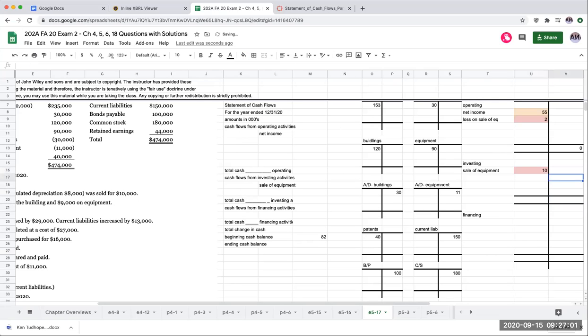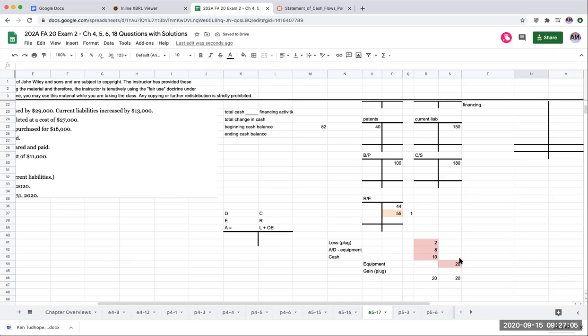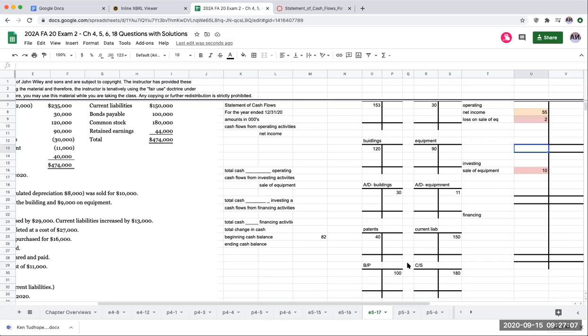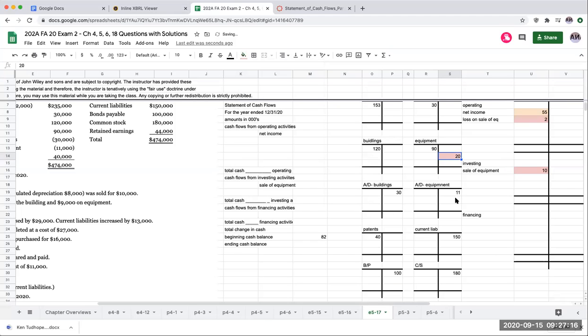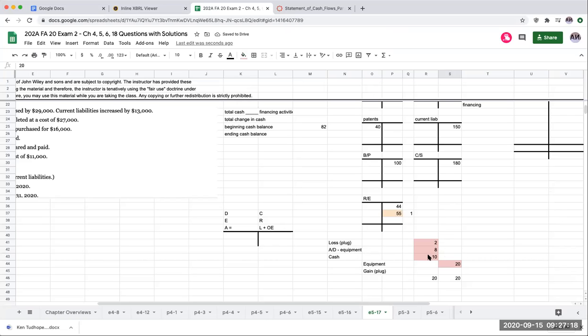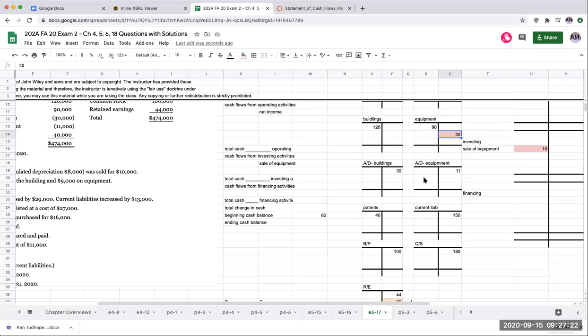And we'll take this out right now. Okay. And then over here, I have to put into the equipment account 20, because I sold equipment. And then over here, I also have to put in the accumulated depreciation on equipment, and this is going to be 8.